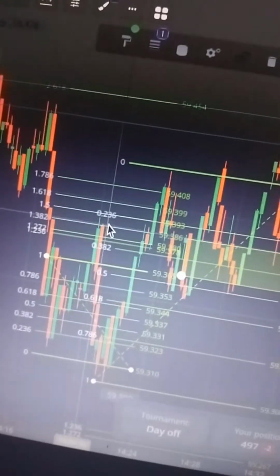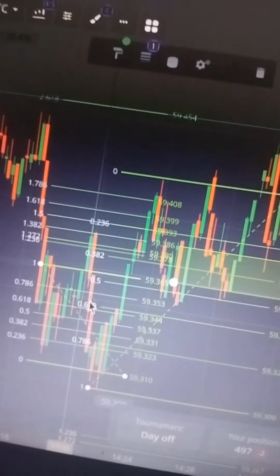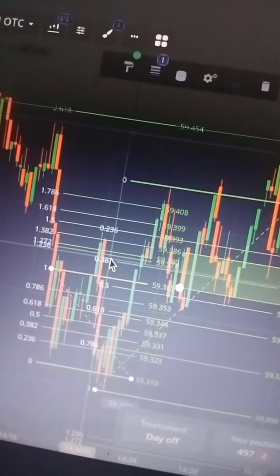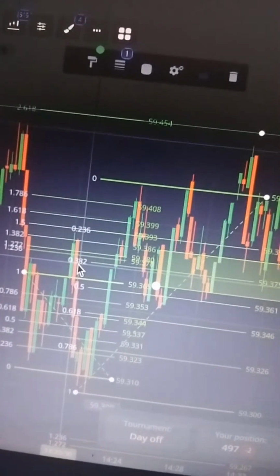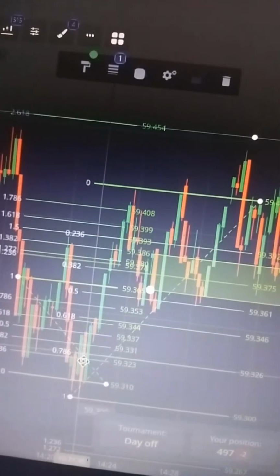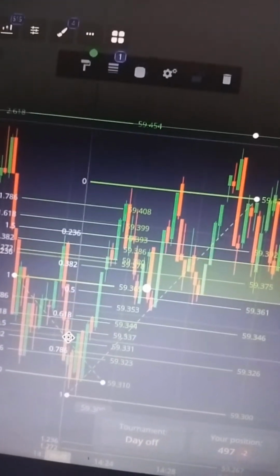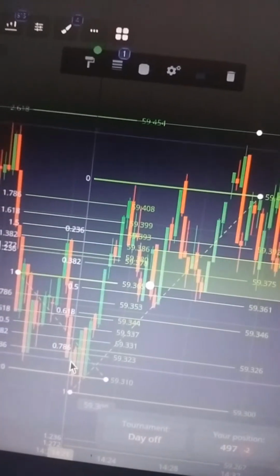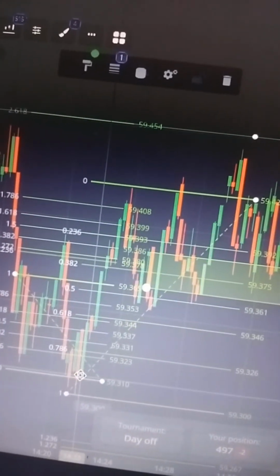They invited sellers to enter up there. Okay? Then they made it seem that the price is collapsing, encouraging more sellers to enter. Nice play, huh? Encouraging more sellers to enter.